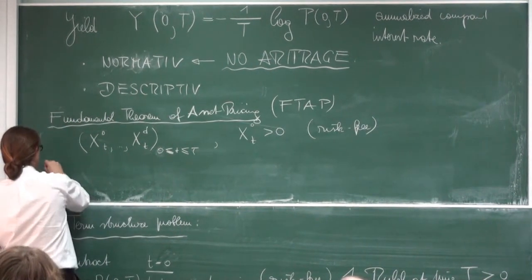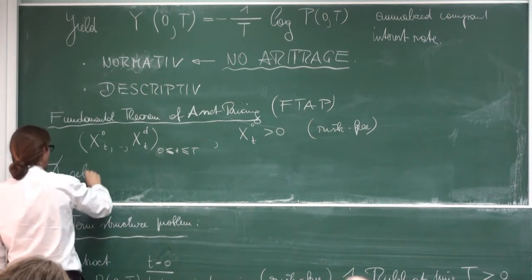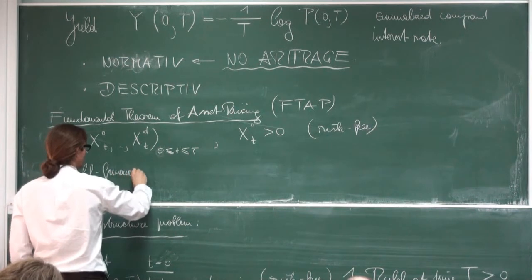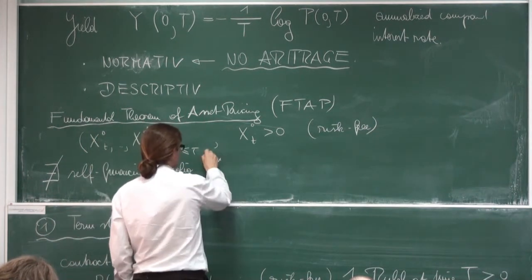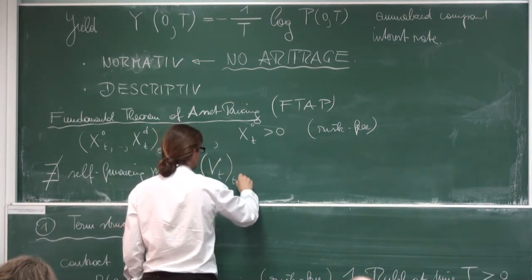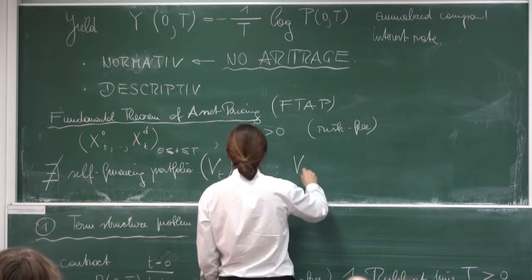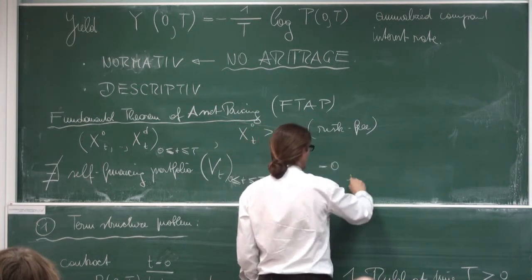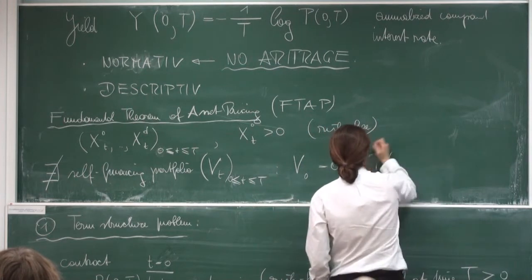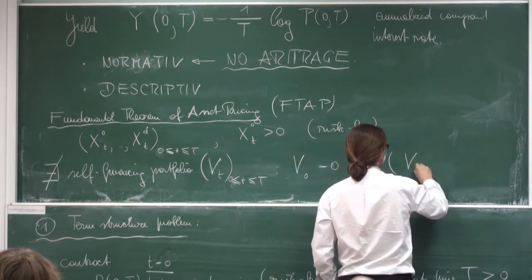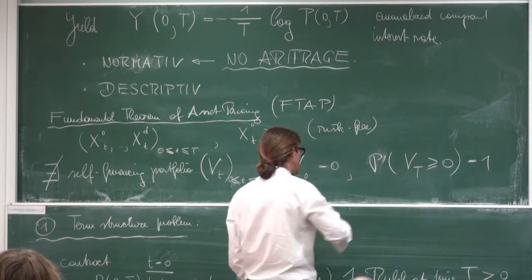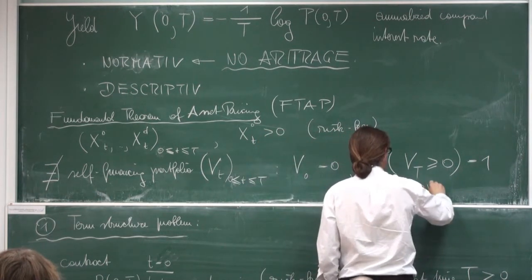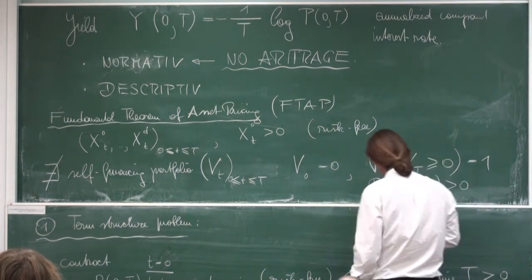Then the statement that there does not exist a self-financing portfolio V such that the portfolio starts at the value 0 and has with probability 1 a non-negative value at time t, and with positive probability a positive value.